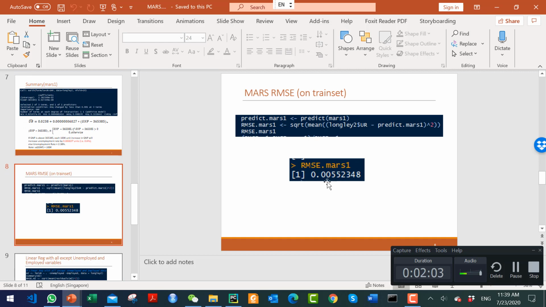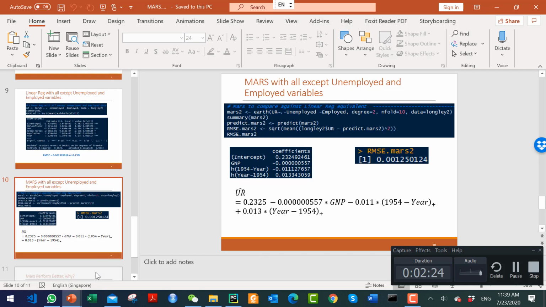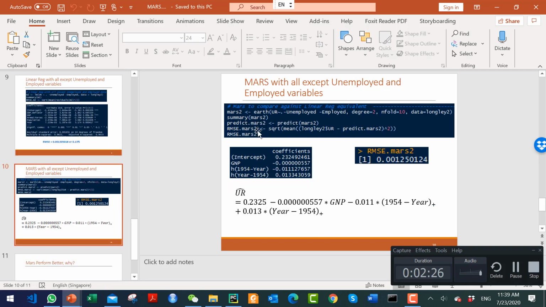So for MARS 1 you have 0.00552. If you look at other factors, the RMSE will be 0.0013, which is lower than with the multiple factors. Of course, lower than the single factor, right?